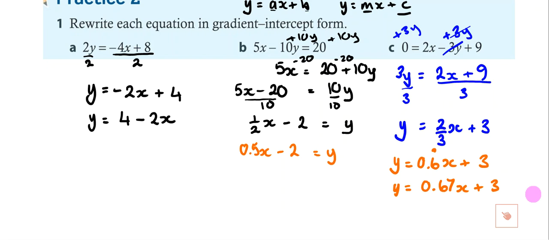So if my gradient is only a slight little bit off, will it matter? Yeah, a lot. The further I go up the line, the more off it will be, because it goes up slightly steeper. So the further I go on, the bigger that difference is going to be.